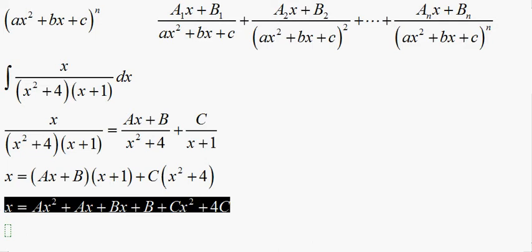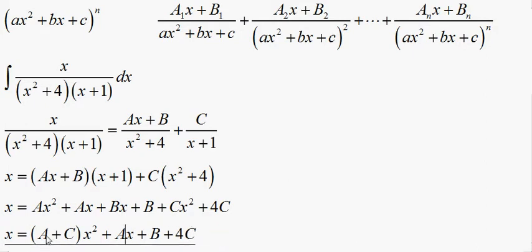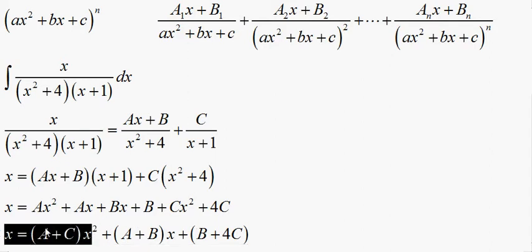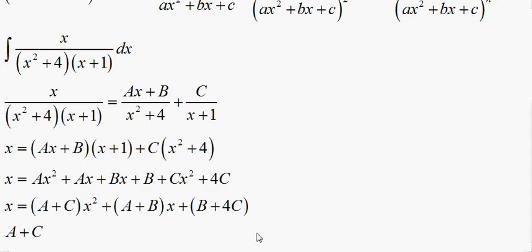Now we group all the like terms. We've got ax squared and cx squared, so this is a plus c times x squared. Then we have ax and bx, a plus b times x, and then this is our constant term. Now, there's no x squared terms on the left hand side, but there are on the right hand side, so that means a plus c is equal to 0.